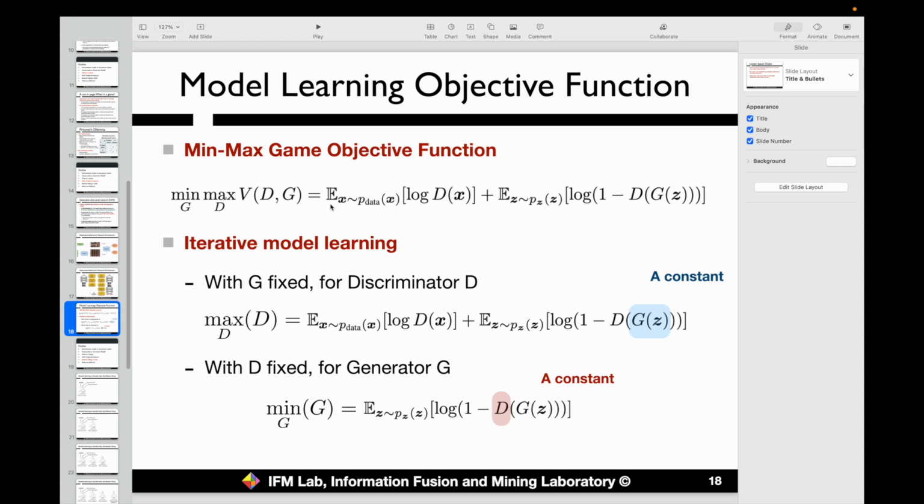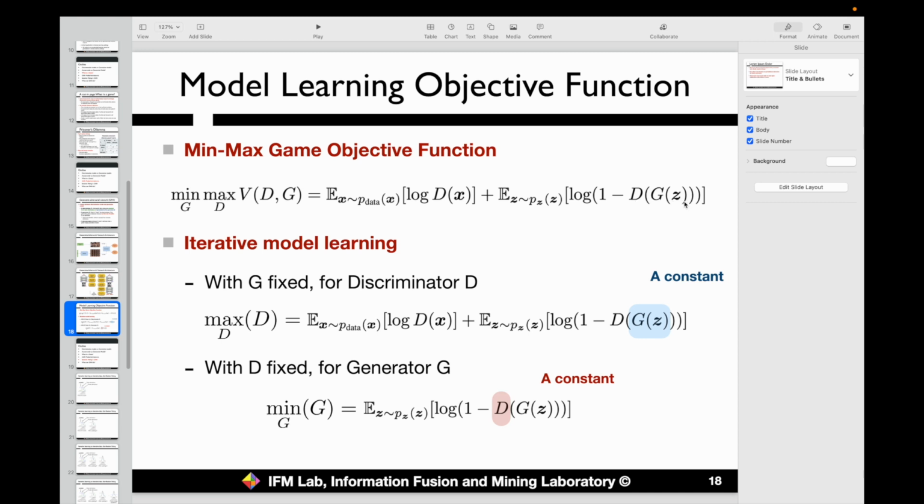However, for the fake data instances we can generate from the generator, we want to ensure the discriminator can distinguish them, right? In other words, we want to minimize each score instead. So for the data instances we can obtain from the generator, right? So here we have Z to be the noise, right? By feeding this Z noise into the generator, we can have one image input for the discriminator.